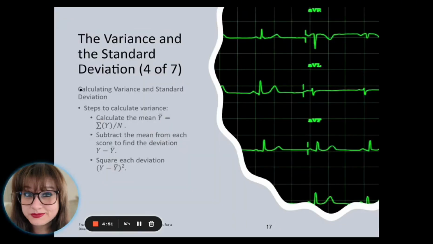First, you calculate your y bar, which is how we calculate the mean: the sum of all of y divided by n. Then, to find the deviations, you calculate y minus y bar for each of those values. Then you square each deviation, so you have your y value minus your mean, squared. That's the first step.